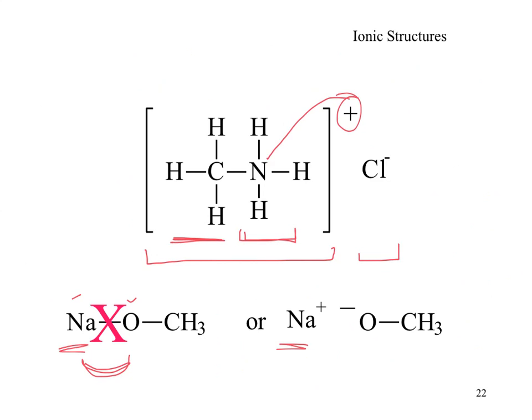A metal would never share electrons, it would always lose electrons, and sodium is probably one of those that loses that electron the easiest. So sodium would lose that electron, oxygen would pick up that electron, and this is how you would write the structure rather than putting in a covalent bond any time you have a metal in the system.